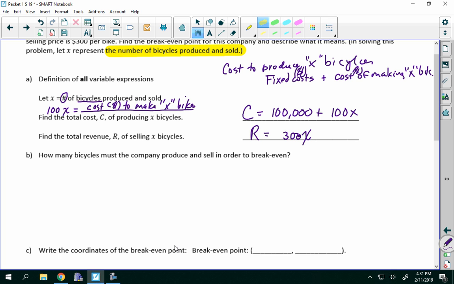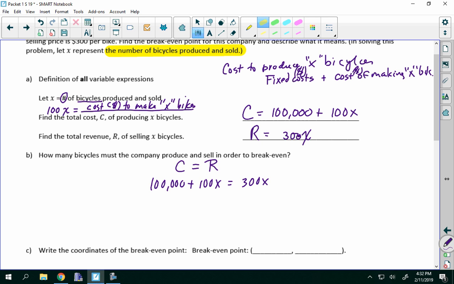To find the break-even point, I have to solve when the cost equals the revenue. So I replace cost with 100,000 plus 100X equals 300X. And now I solve for X.